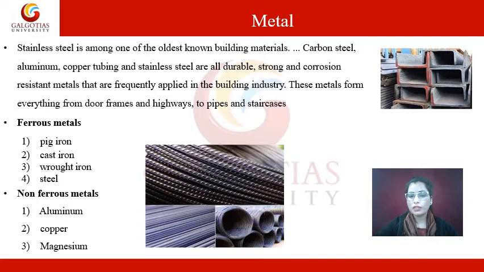So these metals can be used for different purposes. Here metals are divided into two categories, ferrous metal and non-ferrous metal. In ferrous metal we have pig iron, cast iron, wrought iron and steel, and in the non-ferrous metal category we have aluminium, copper and magnesium.